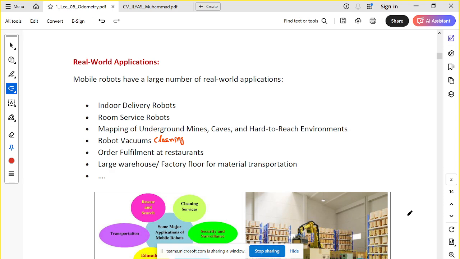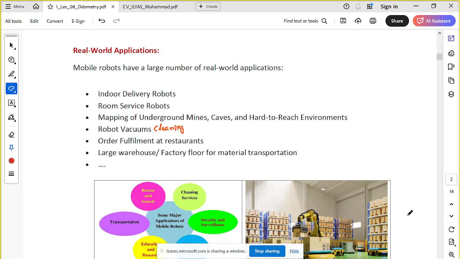So let's see some real world applications of mobile robots. They are very common nowadays, especially autonomous mobile robots. They are gaining application day by day in more and more scenarios. For example, delivery robots in hospitals, homes and hotels, room service robots, robots in mines and hard to reach environments, cleaning robots, and there are a lot of applications.